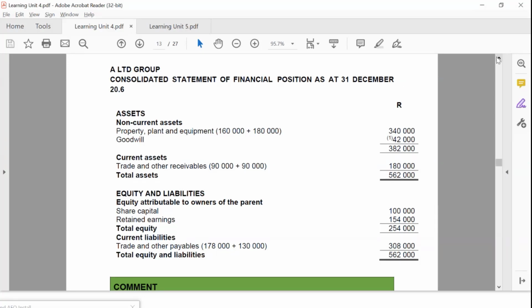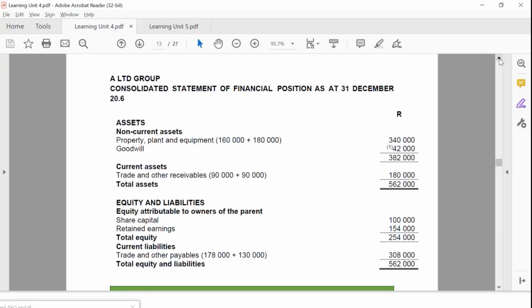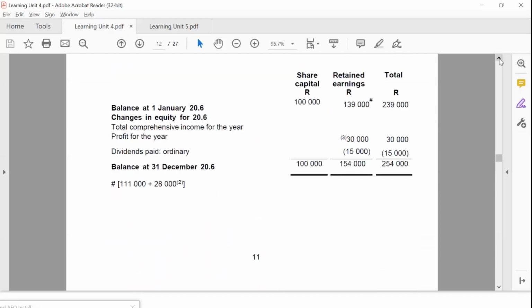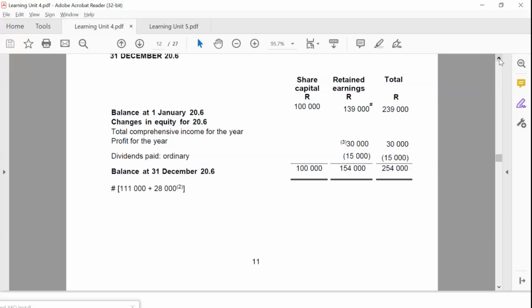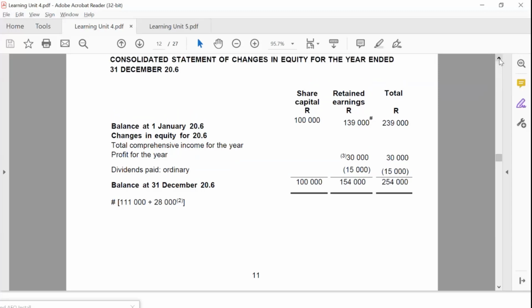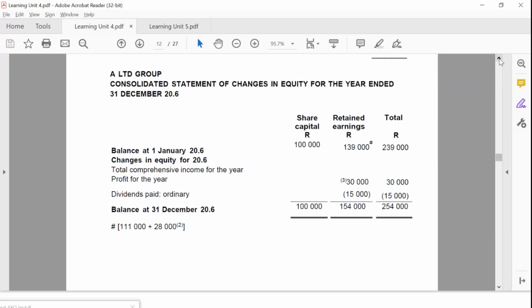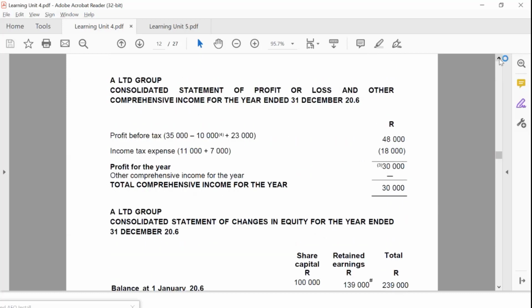These are two powerful questions. So the profit for the year, 30,000. How will you get a profit for the year of 30,000 without doing the analysis, since the analysis actually wastes your time?